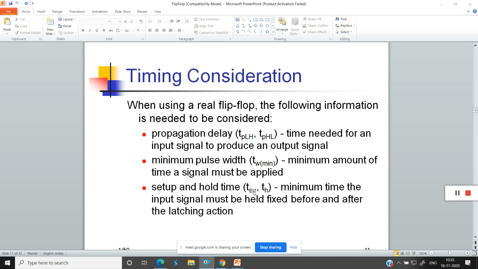Setup time is before applying the clock; hold time is after the signal is latched. The input signal must be held fixed for a minimum time before the application of the clock, which is setup time, and after the latching action, which is hold time.